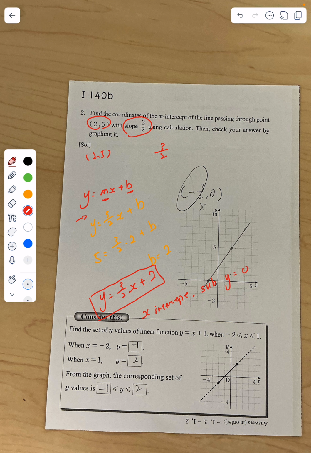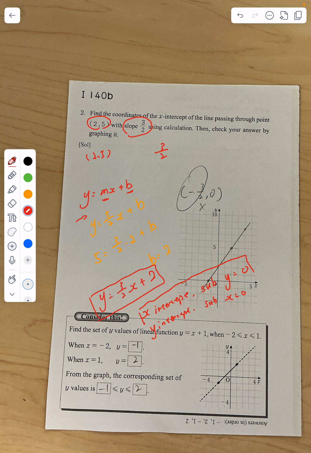For any y-intercept, you sub x equals 0. For example, for this question, what is my y-intercept? It's (0, 2). Why? Because if I substitute x as 0 into this equation, y is equal to 2. That's how you find your y-intercept. But it's asking you for the x-intercept though.